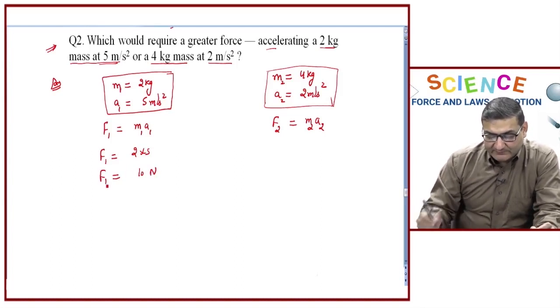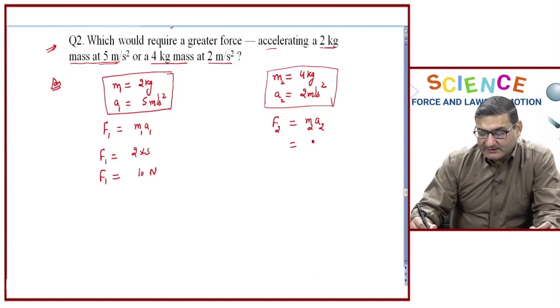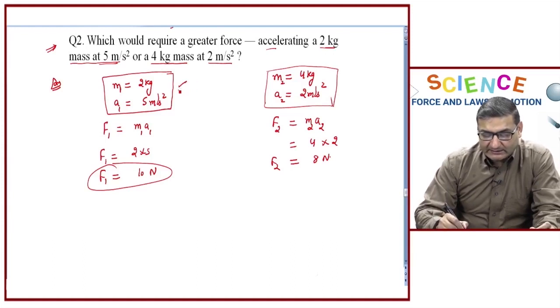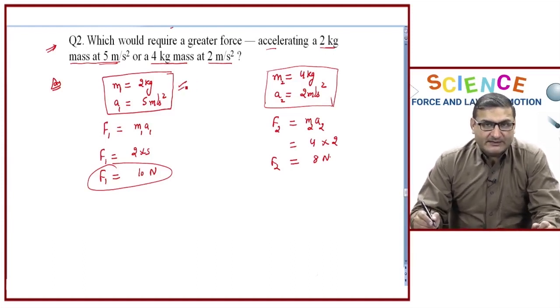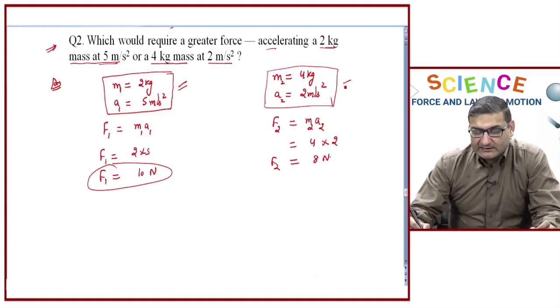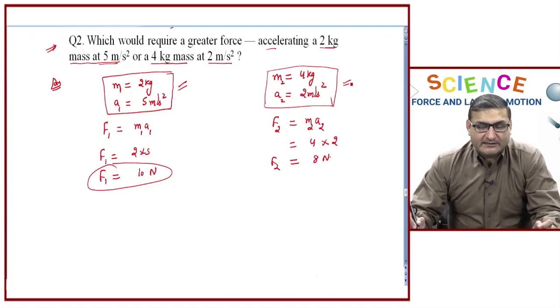This is the first force, and the second one is mass is 4, acceleration is 2 meter per second square, comes out to be 8 Newton. So the force required to accelerate 2 kilogram mass object at 5 meter per second square will be 10 Newton, whereas the force required for accelerating 4 kilogram mass object at 2 meter per second square requires 8 Newton.